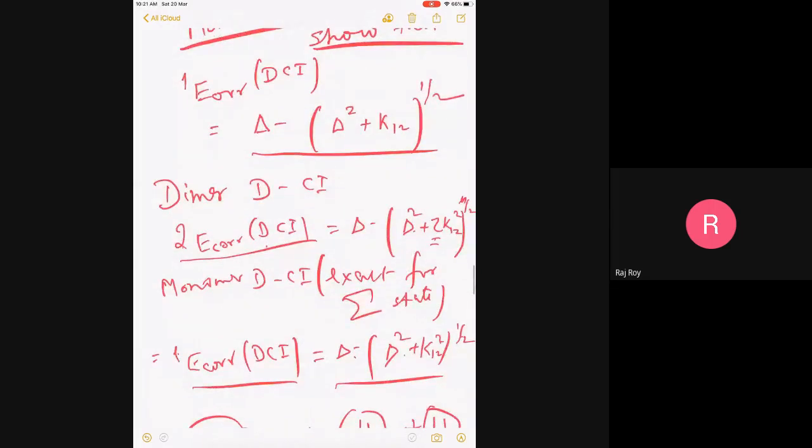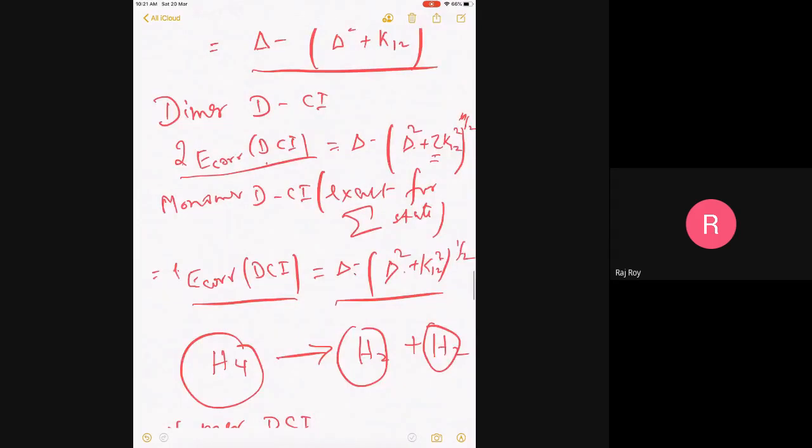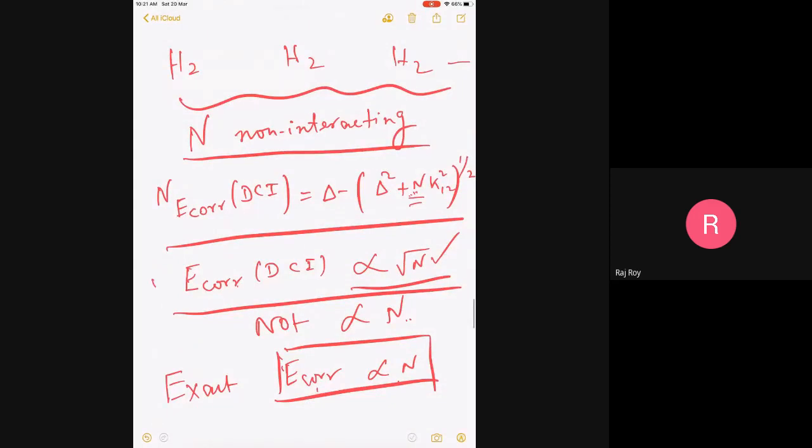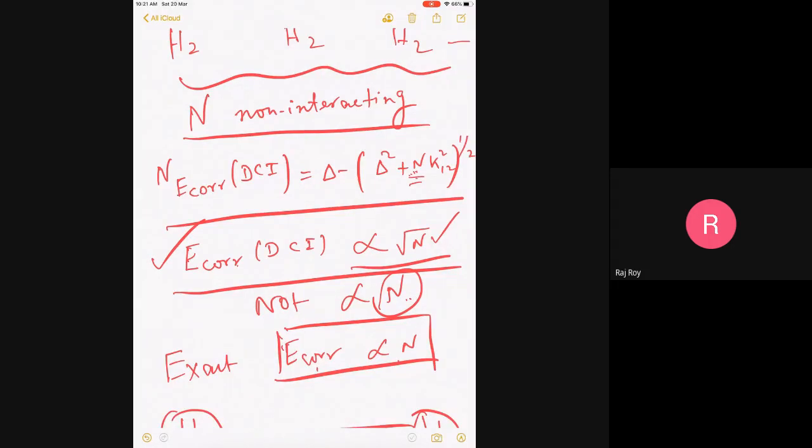So dimer DCI is this, monomer DCI is this, and if you do similarly the n-mer, it will become n here, square root of n here, and this would mean that the correlation energy goes proportional to square root of n rather than proportional to n. When n is large, this is going to be the dominating term. Is it clear? Of course, you can do a binomial expansion and see all that, but this is for large n.